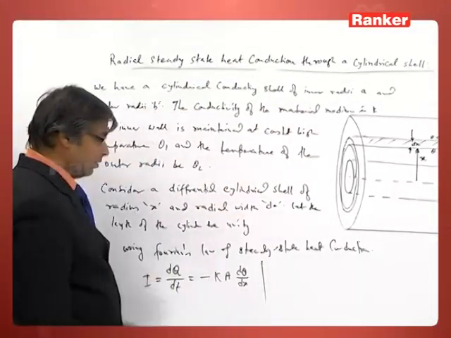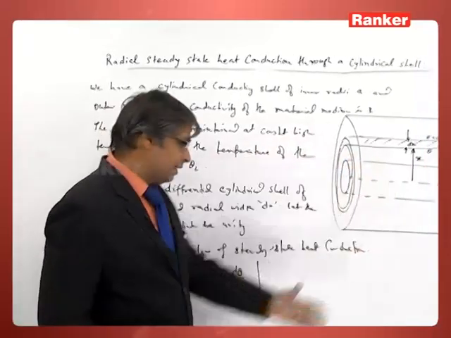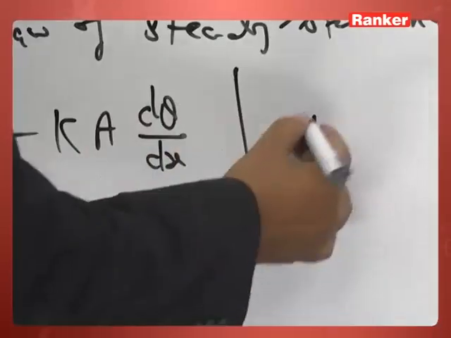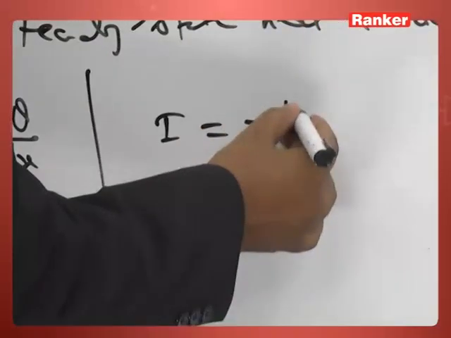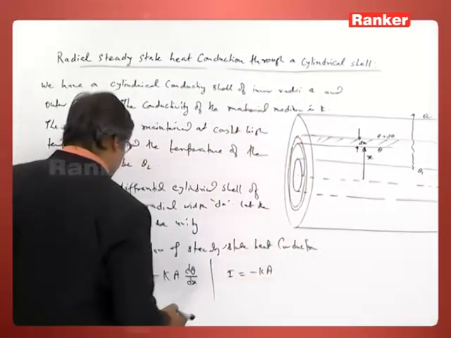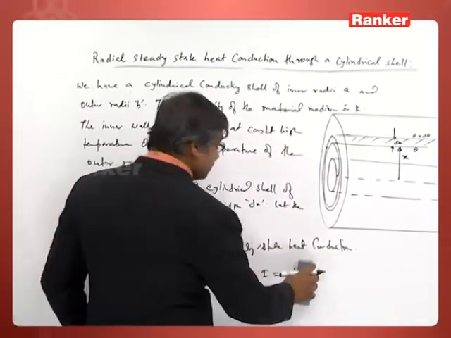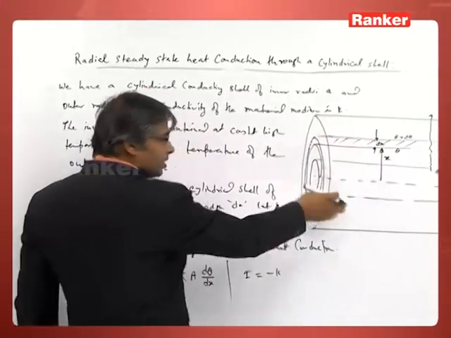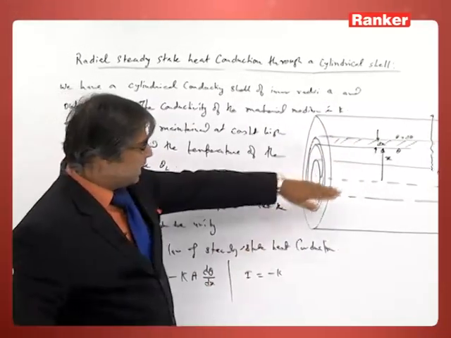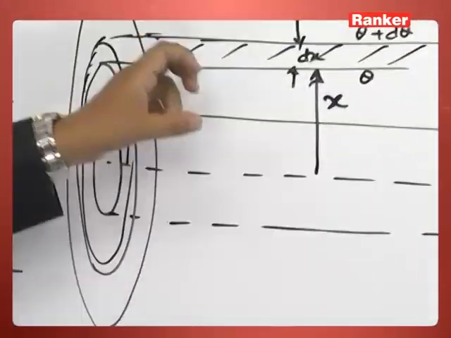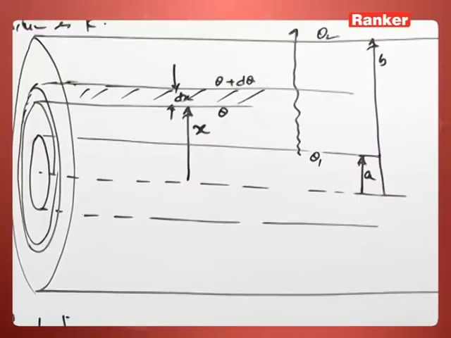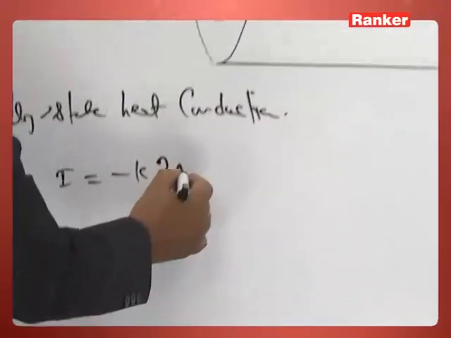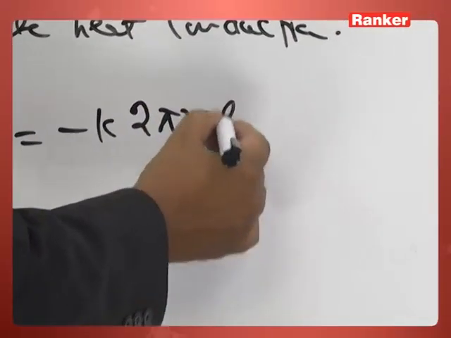This is our law. When I apply this law here, it gives us I is equal to minus KA. In place of area, I have to use the curved surface area. The heat flows through the curved surface area, that is 2 pi r L.